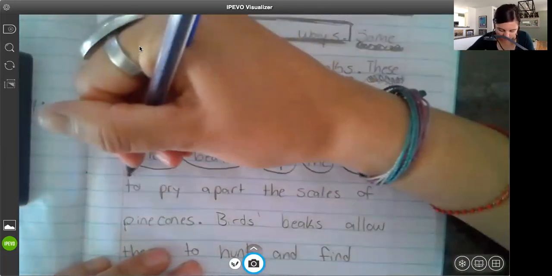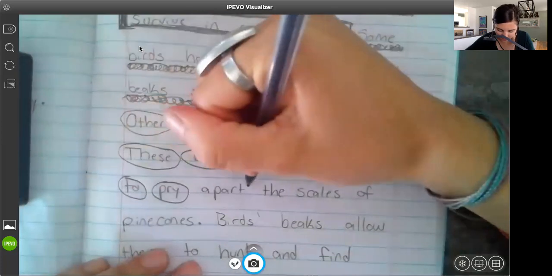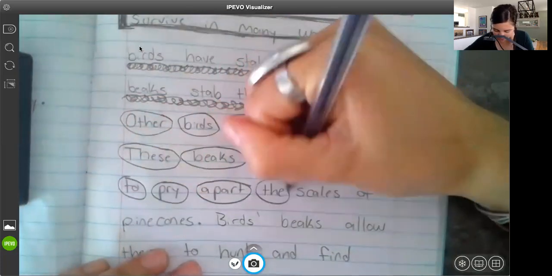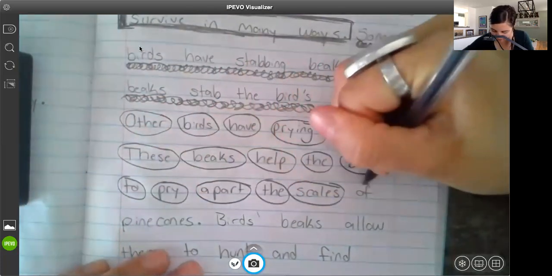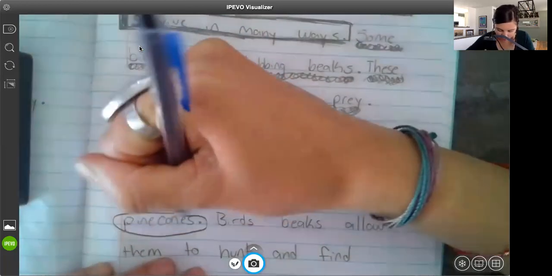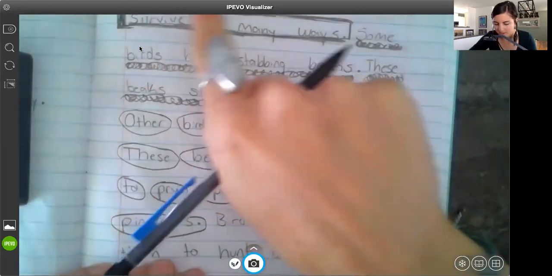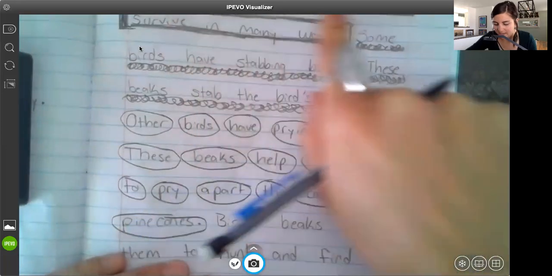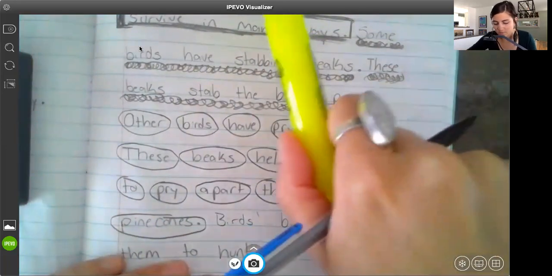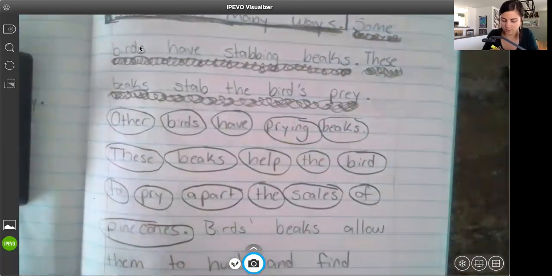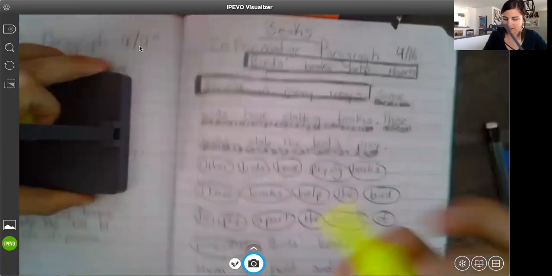If you don't have a couple different colors to highlight these, you're completely fine. If you were to have different colors, you would highlight the topic sentence in yellow. I can also do it for my folks who have different colors.